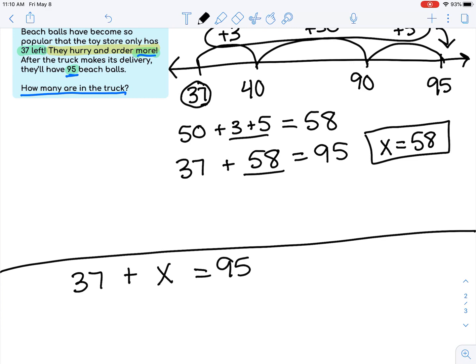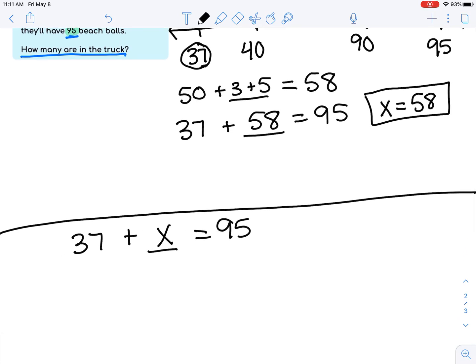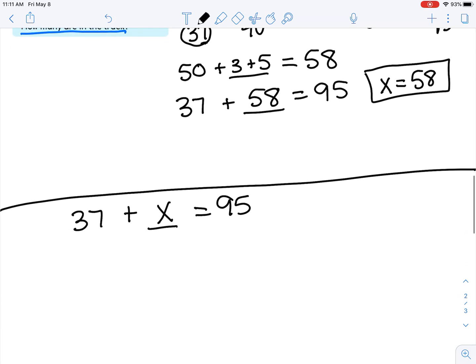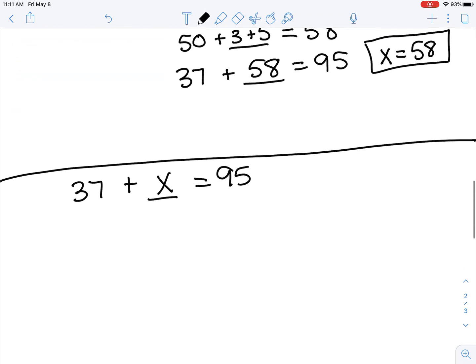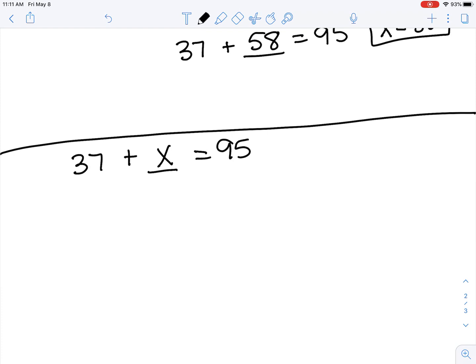That is our equation that matches our story problem. Now, in order to figure out what x is, instead of starting at 37 and going up to 95 like I did up there, what you could do is actually start at 95 and subtract 37, and that will give you how much was added on to 37 to get to 95.